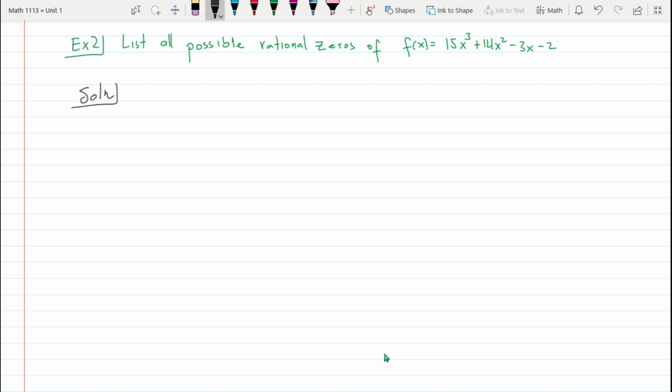So P in this case is negative 2, and its factors are going to be plus or minus 1, and then plus or minus 2. Q is going to be positive 15. So the factors of it are going to be plus or minus 1, plus or minus 3, plus or minus 5, and then plus or minus 15. Okay?